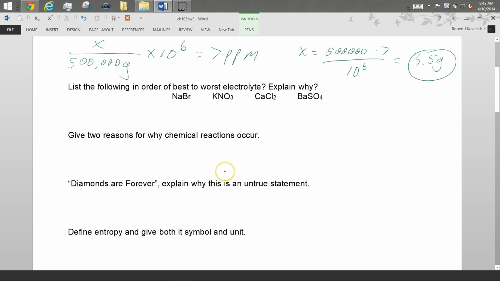Okay, which one of these is the best electrolyte? This guy here is going to break up into 3 pieces. He's going to break up, so that's the most important part, right? Since he breaks up into 3 pieces, this guy gets to be number 1. Who's the worst one?